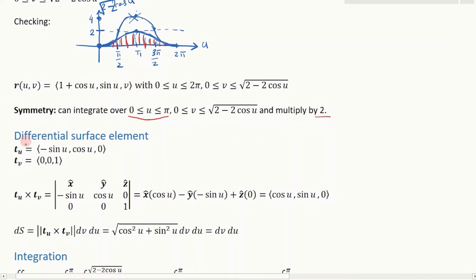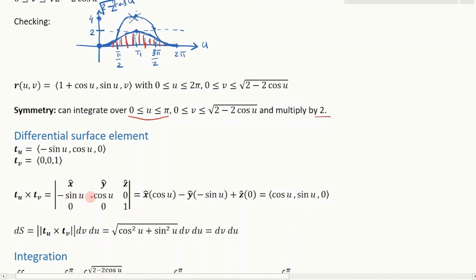Okay, now we have the parameterization. Let's find the differential surface element. We have Tu equal to, differentiating the position vector with respect to u, negative sine u, cosine u, and 0. Differentiating with respect to v, we get 0, 0, and 1. Then the cross product is this determinant.